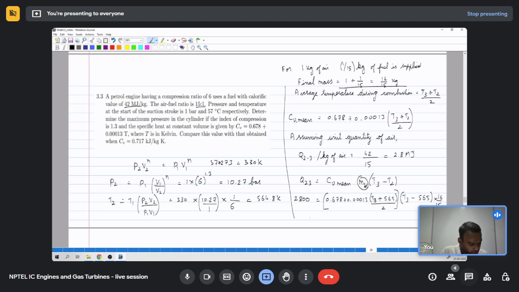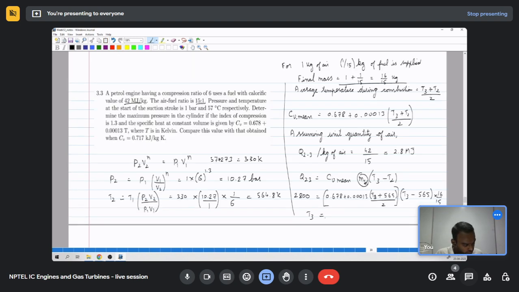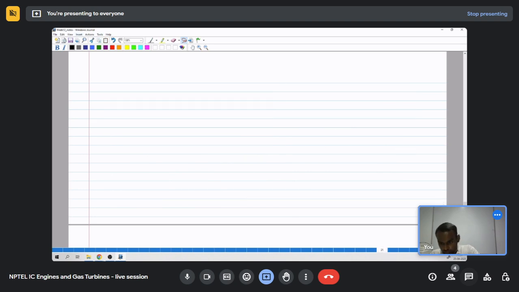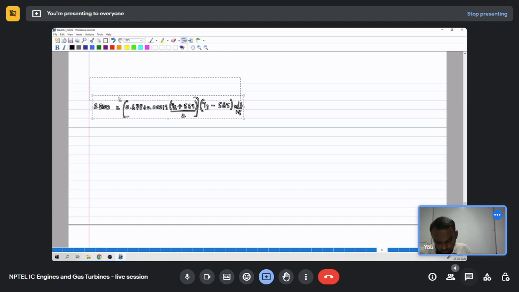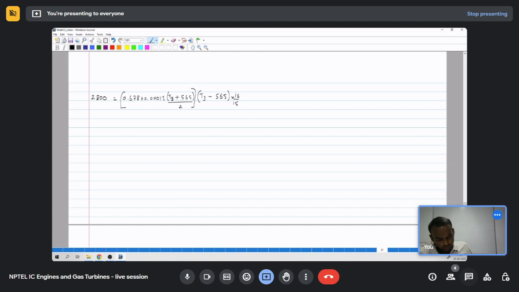Now we can calculate the value of T3. So can you calculate the value of T3?